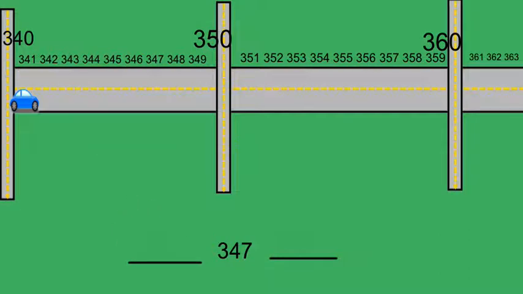Let's try another number. Here we have a 347. So if 347 is right here, it's going to be between which two tens? 340 and 350. So you can look at this number as 34 tens, or you can look at it as the 4 tens right here, so 40, and then the next one up is 50.